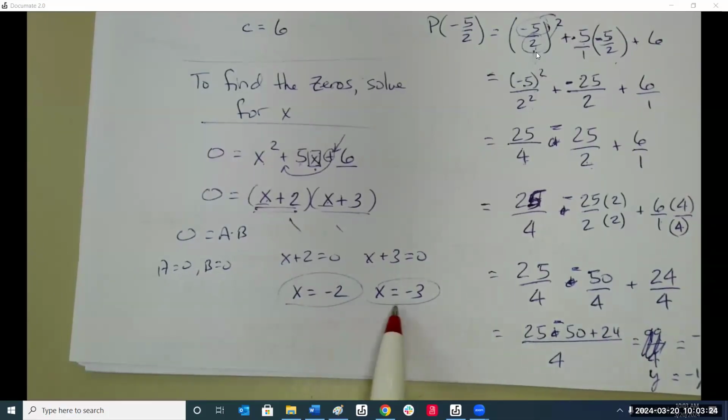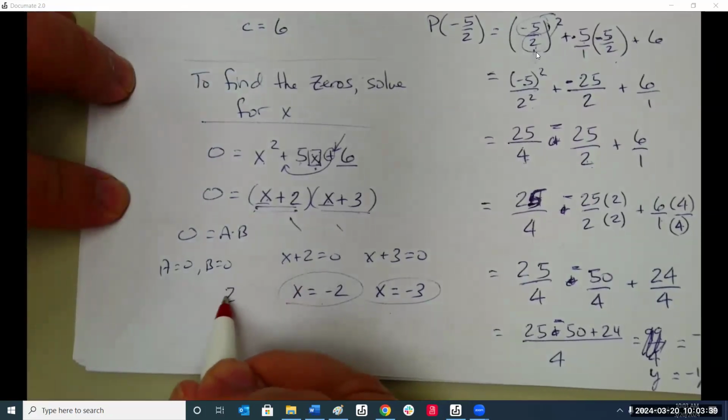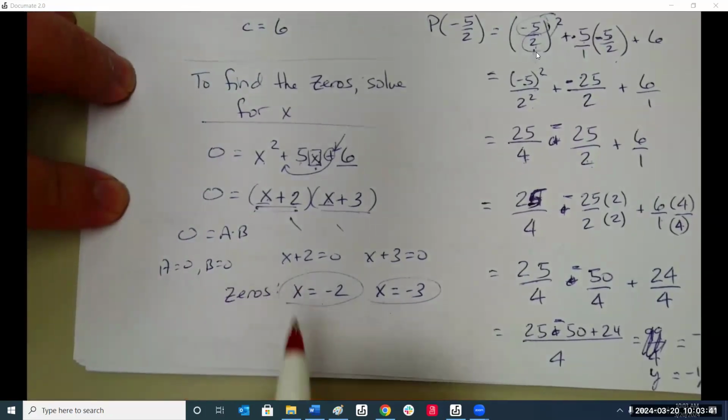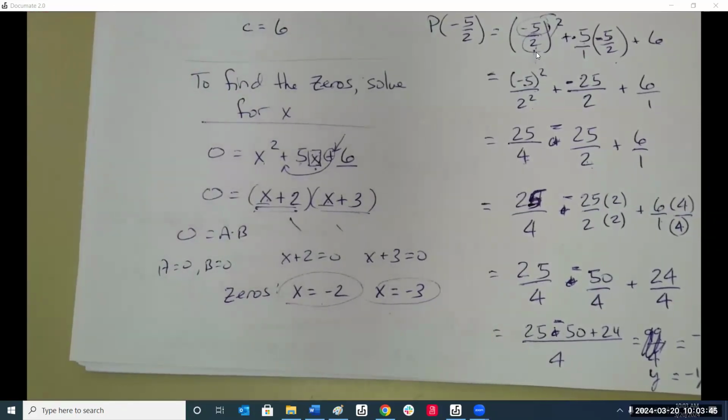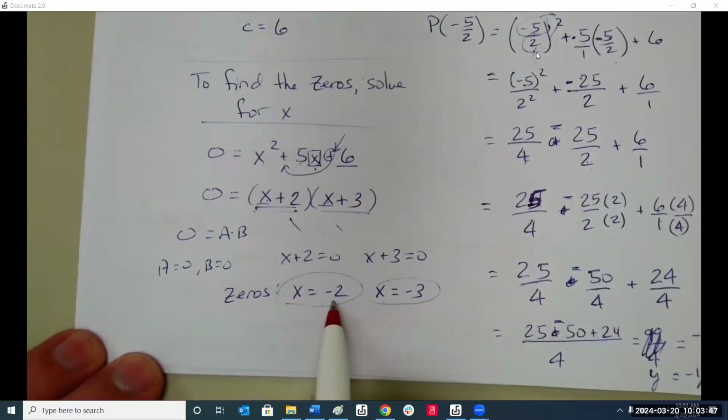Why are these called zeros? These are my zeros. The reason they're called zeros, let's see what happens.